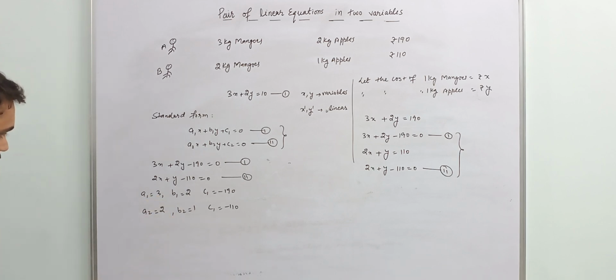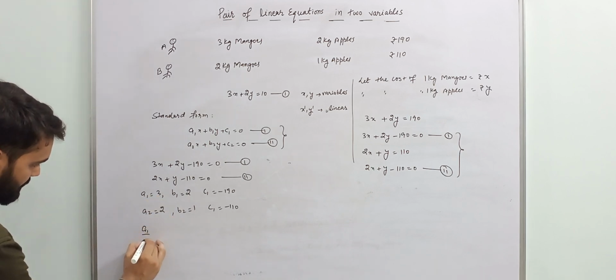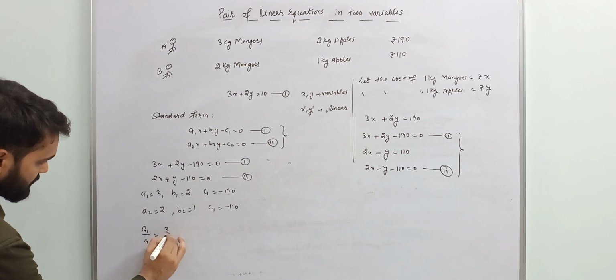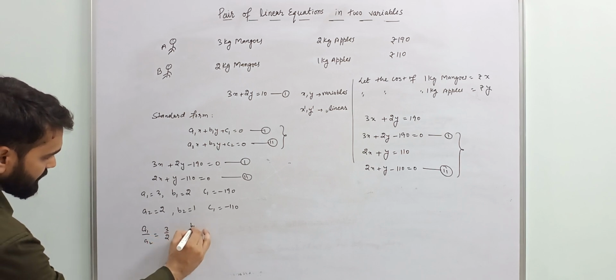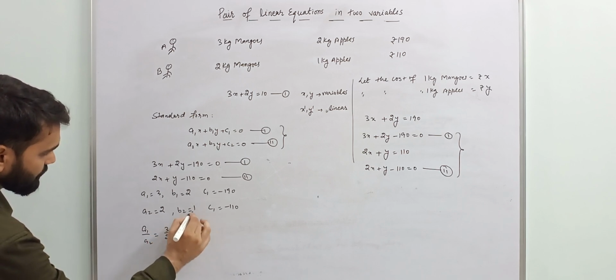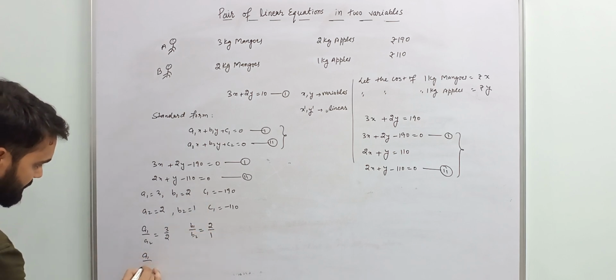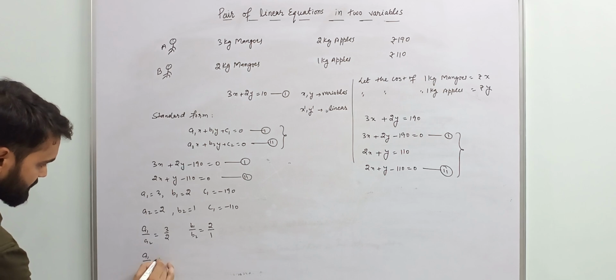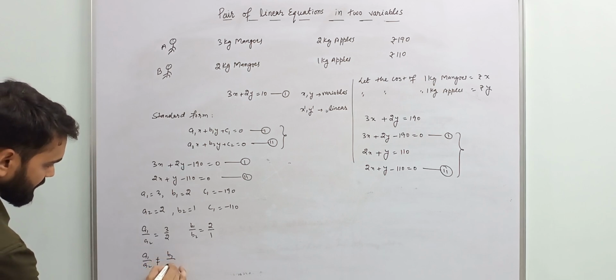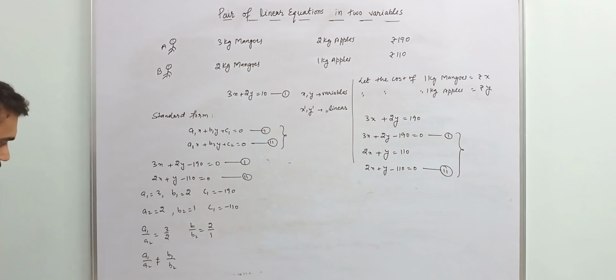Now let us compare the ratio. a1 upon a2 is equal to 3 upon 2 and b1 upon b2 is equal to what? 2 upon 1. Clearly a1 upon a2 is not equal to b1 upon b2. Alright?